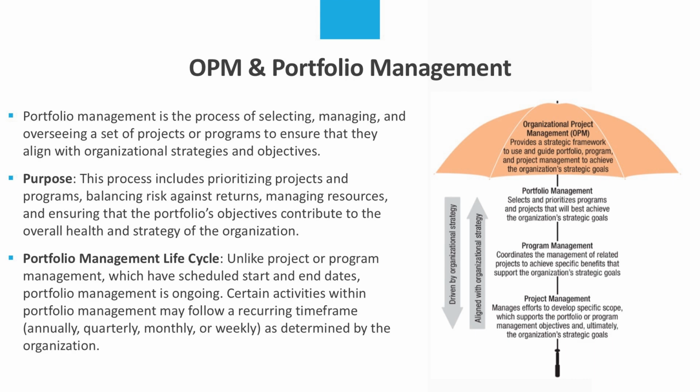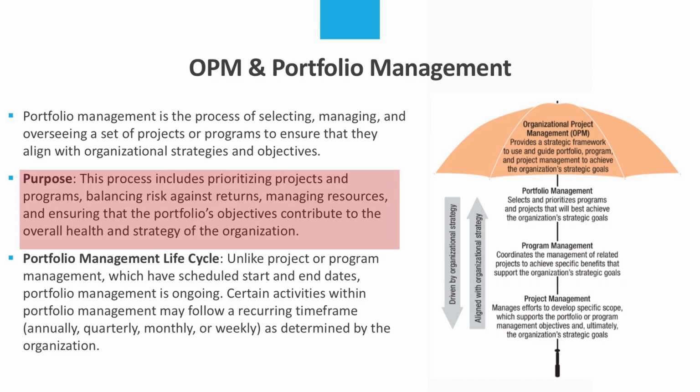Now that we're clear on what a portfolio is, the next question is simple. How does the organization actually manage all of this? This is where portfolio management fits, and it sits within a bigger picture called Organizational Project Management, or OPM. OPM is the overall framework that connects strategy to execution. It brings together portfolio, program, and project management so the organization can turn its vision and strategy into real results.